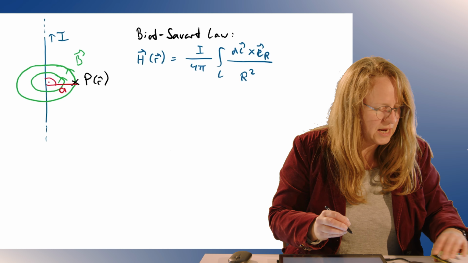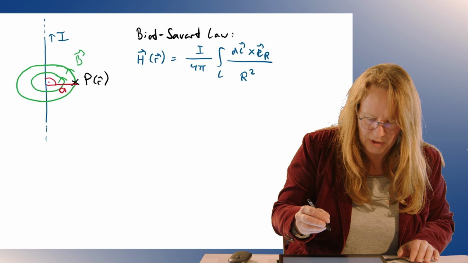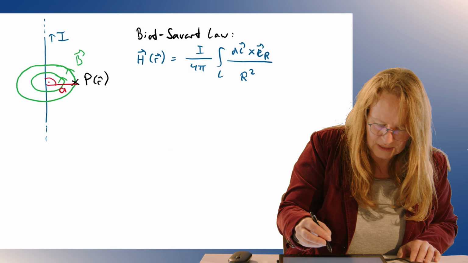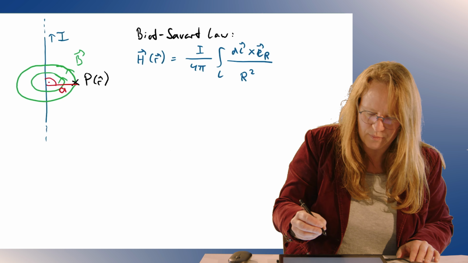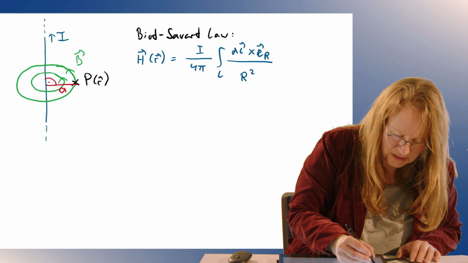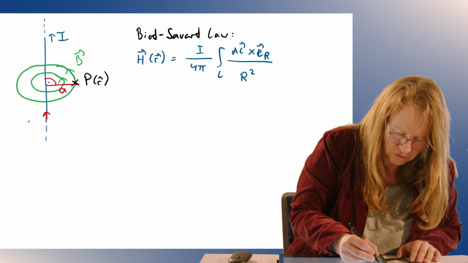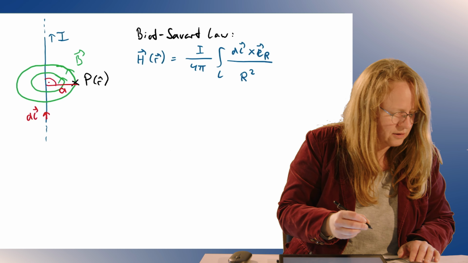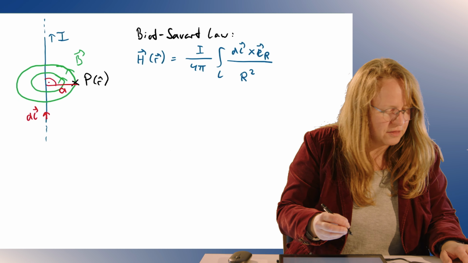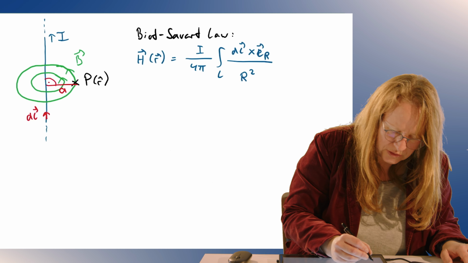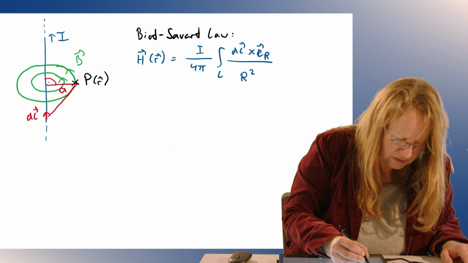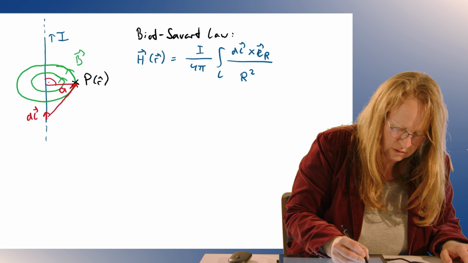And this radius R here that I'm talking about, that is the element or the vector that is connecting the element of the integration dl with the point P. So we have this vector here.